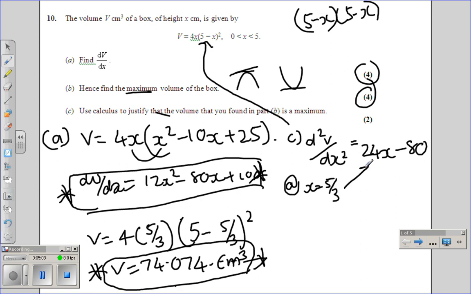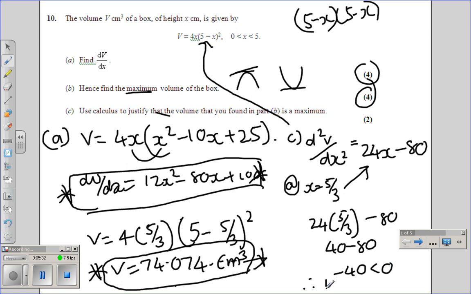And when we substitute in there, we'll get 24 lots of 5 over 3 minus 80, which is going to give me 120 over 3. 40 minus 80, which is negative 40, which is negative. Therefore, it's a maximum.